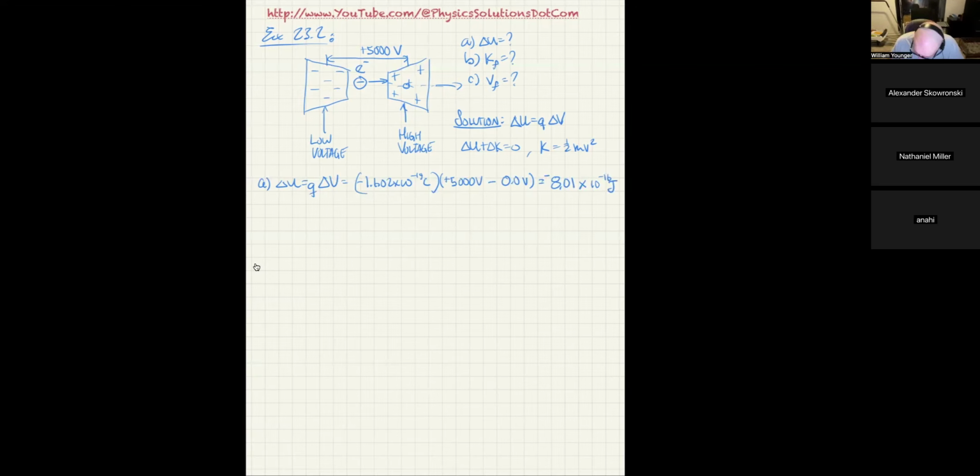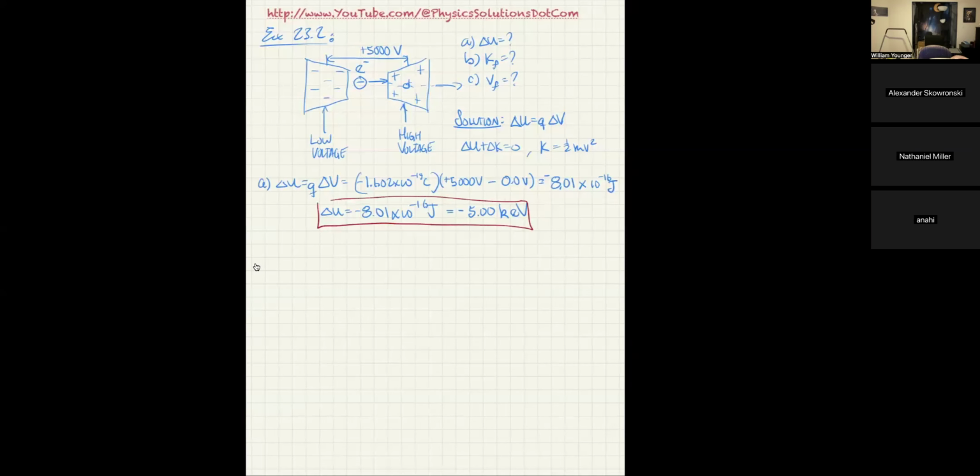Now that's the change in potential energy. So I'm going to say delta U is negative 8.01 times 10 to the negative 16th joules, which by the way is also equal to negative 5.00 kilo electron volts, just because that's a much nicer figure to use, isn't it?